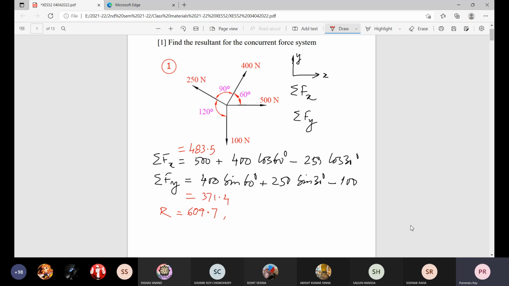And what about the direction of the resultant in degrees? Tan inverse of sigma Fy divided by sigma Fx.